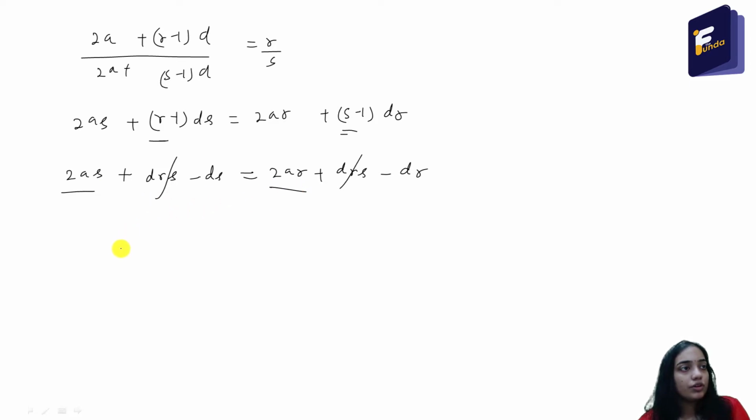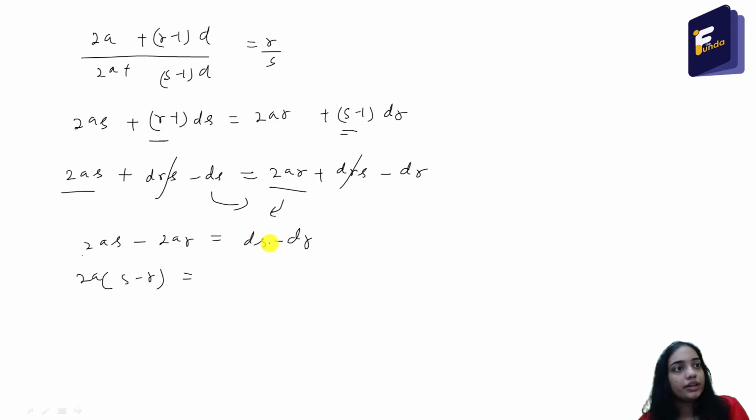If we transfer terms to the other side, 2aS minus 2aR equal to dS minus dR. Now we are going to take 2a common: 2a into S minus R, and if I take d common, it will be S minus R. So now S minus R and S minus R cancel out.